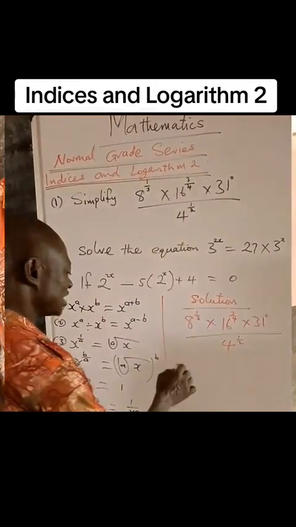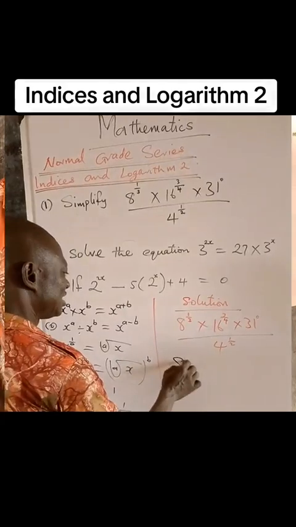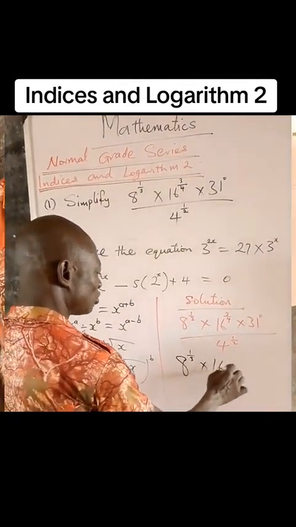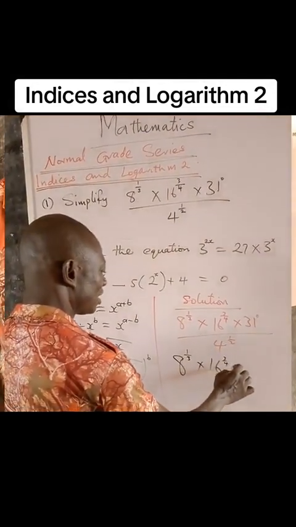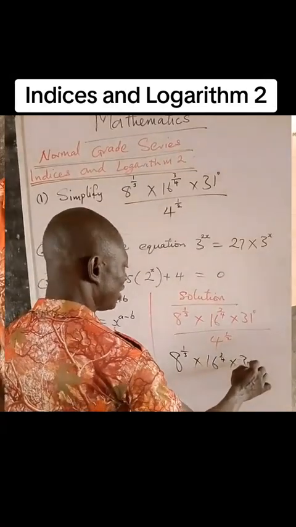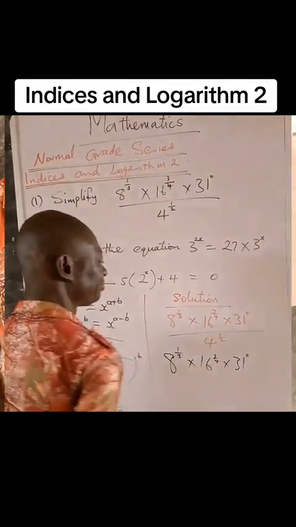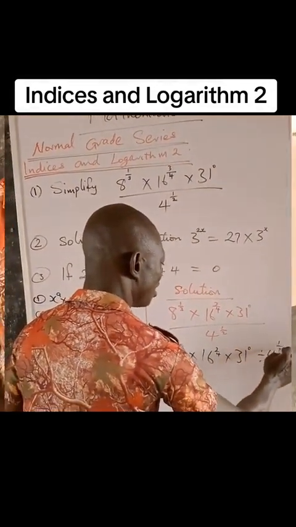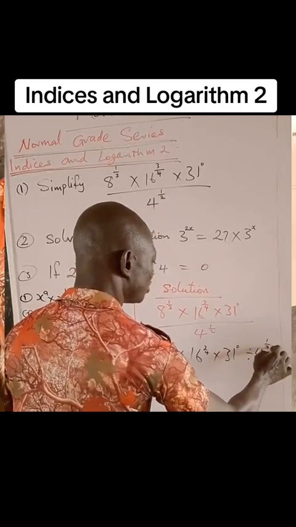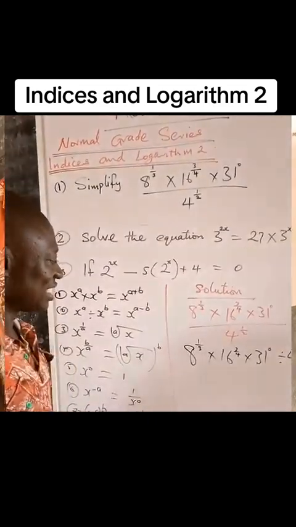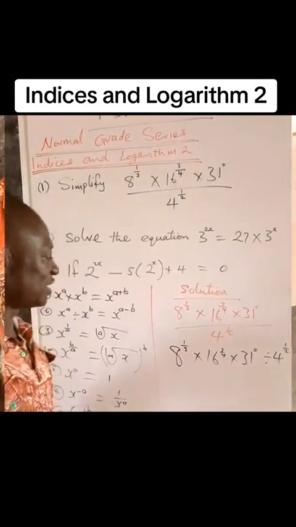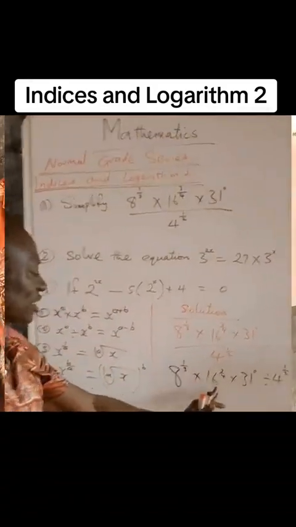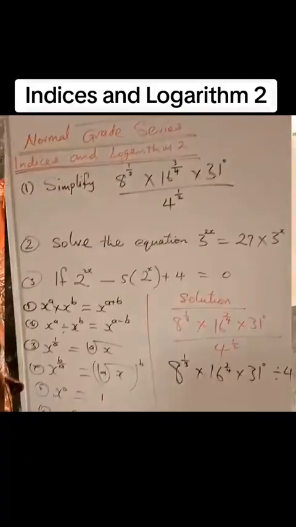And so we can write this as 8 raised to the power 1 over 3 times 16 raised to the power 3 over 4 times 31 raised to the power 0, then divided by 4 raised to the power 1 over 2. What it means is that this 4 raised to the power 1 over 2 is dividing the whole of this. And remember that when we have a division sign, we can change it to multiplication.